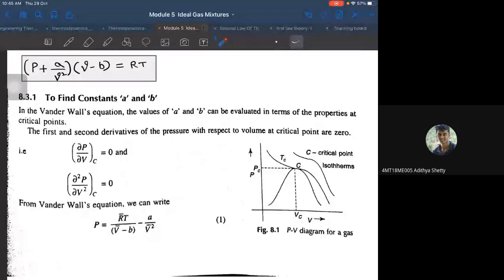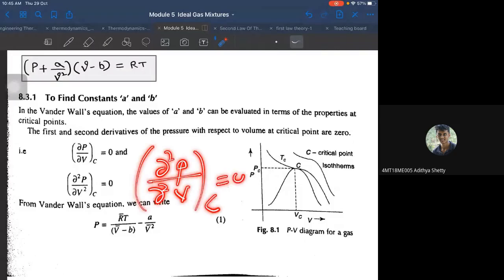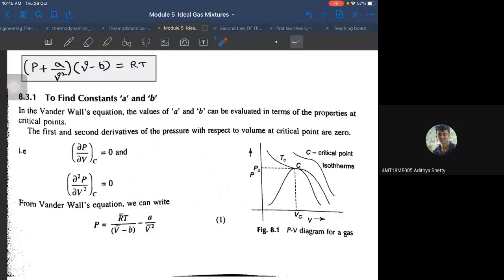That means ∂²P/∂V² at the critical point is 0. Just remember this. Number one, the first derivative of P with respect to V at the critical point is 0. Number two, the second derivative of P with respect to V at the critical point is 0.